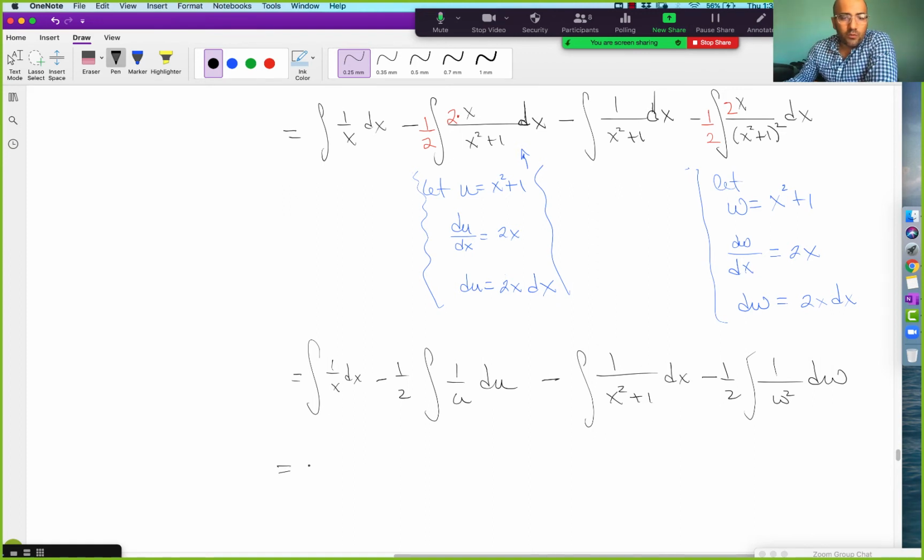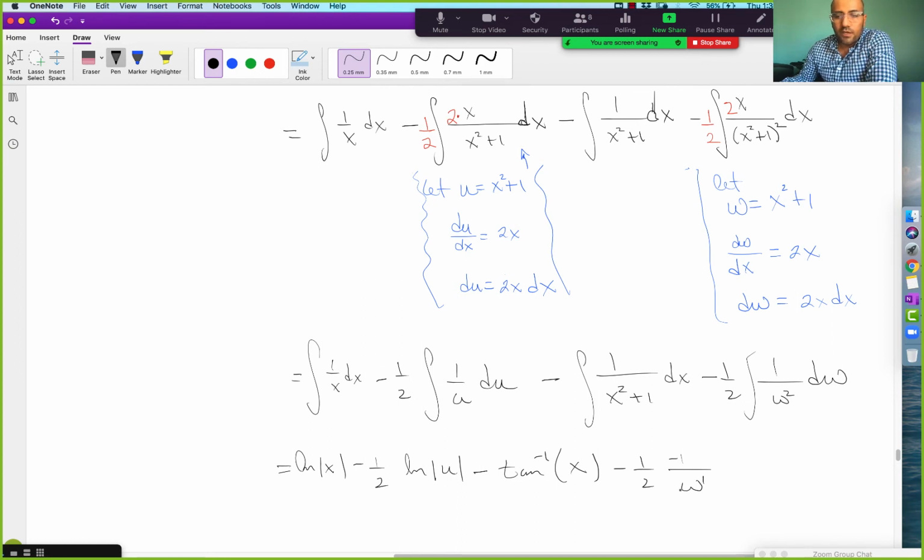All right, so then this one is just going to be ln of x minus 1/2 ln of u minus tangent inverse of x minus 1/2, and now this is negative 1 over w to the power of 1. Good?